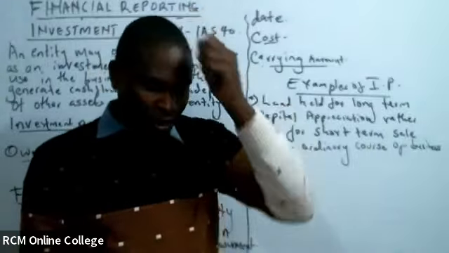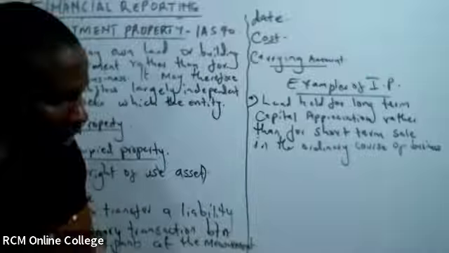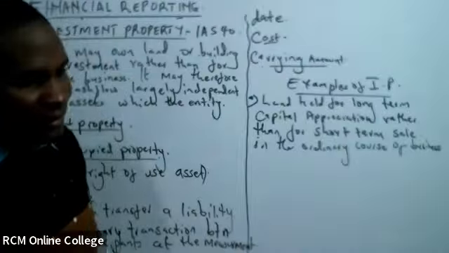Number two, or part B: a building owned by a reporting entity.